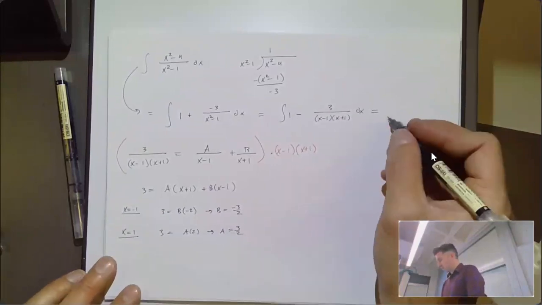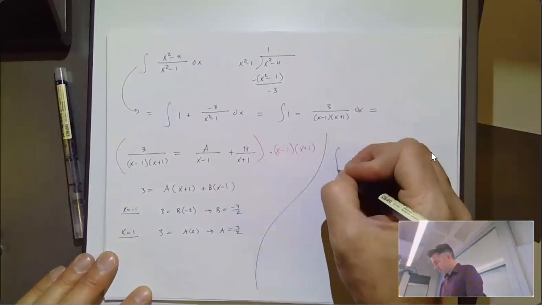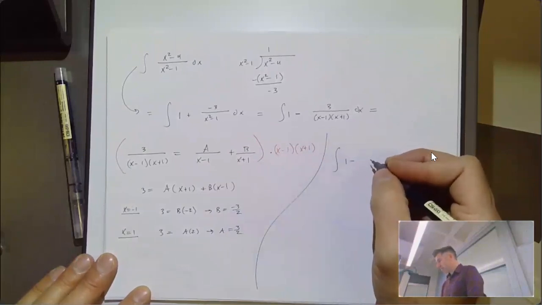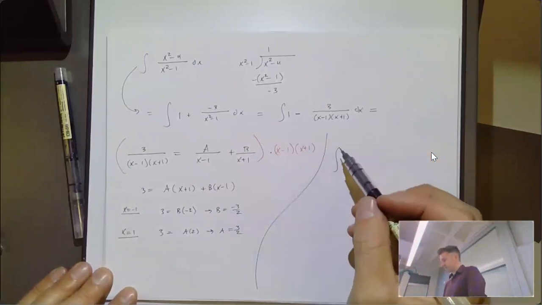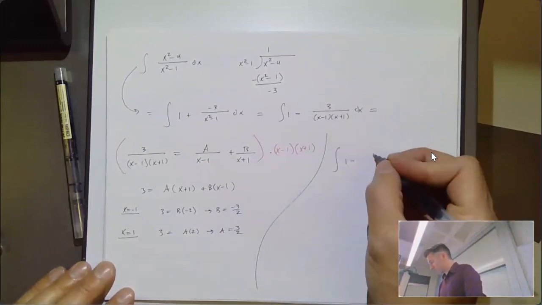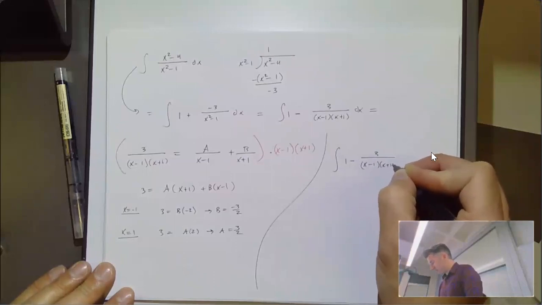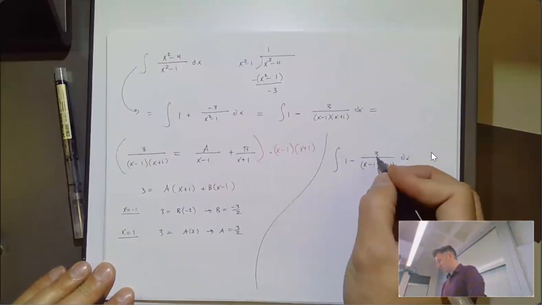So then we can rewrite this integral as the integral of 1 minus, that's why it's not good to do that. All right, that's fine. Let's write this in the following way and see why bringing up this minus sign is maybe not the best way to do this.